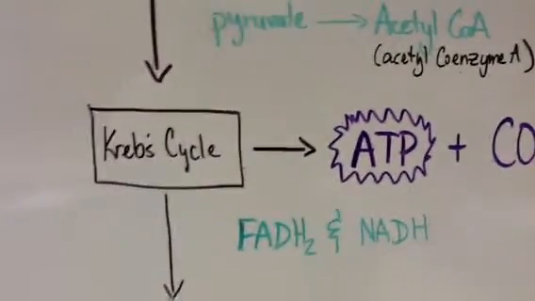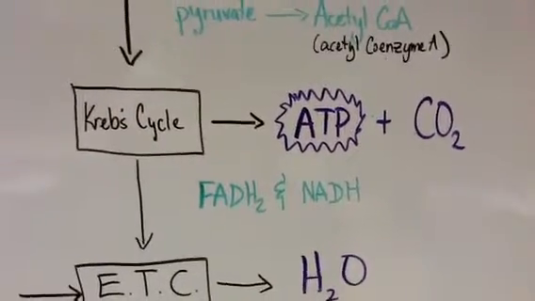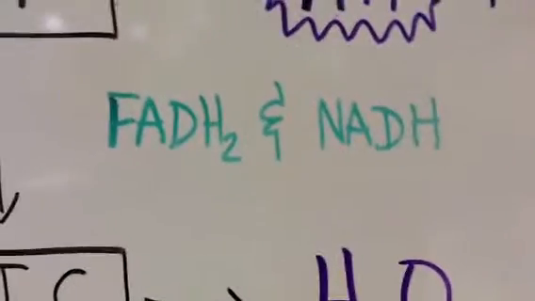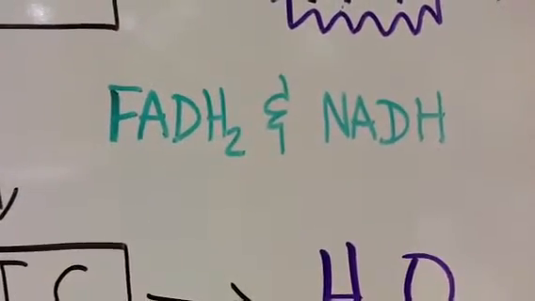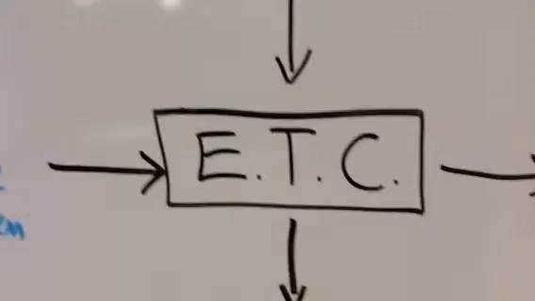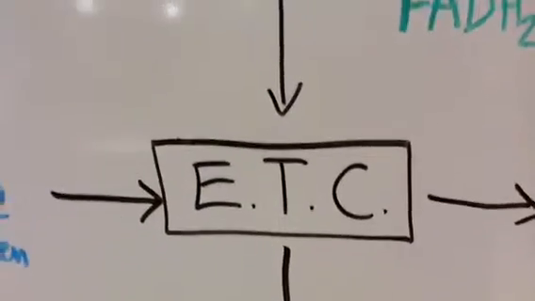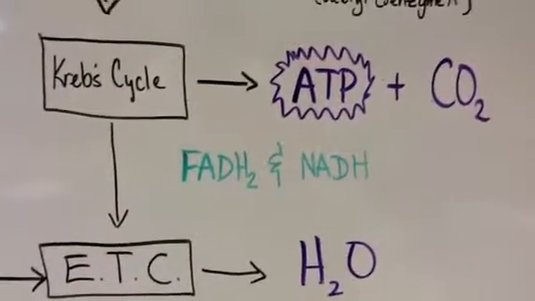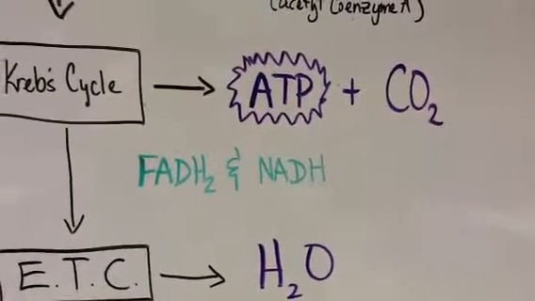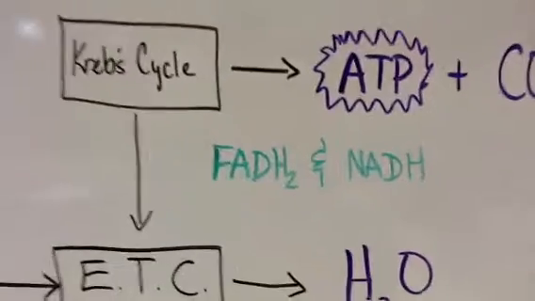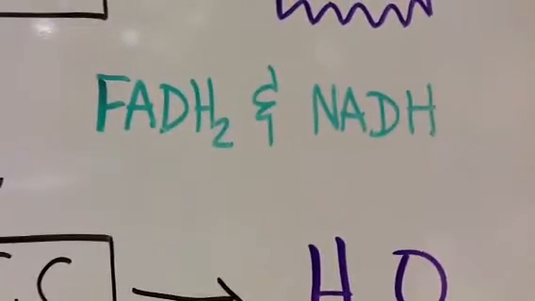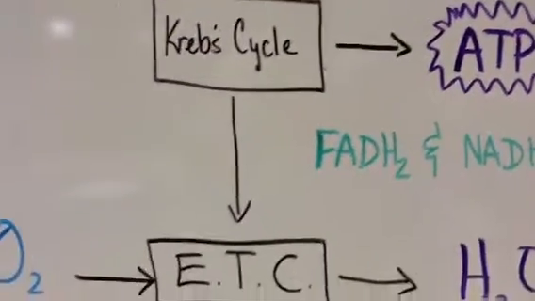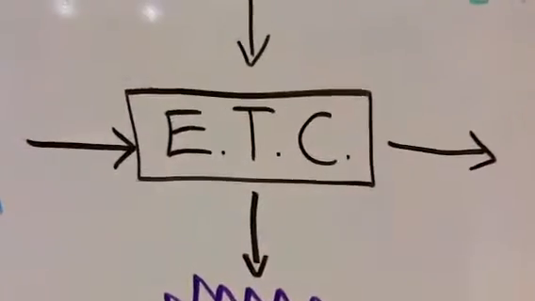It also gives us 2 high electron carriers to fuel the next process, the electron transport chain, or ETC. So once again, the Krebs cycle, which is the second step, is going to give us ATP and carbon dioxide. It will also provide these 2 high electron carriers, FADH2 and NADH, to fuel the electron transport chain.